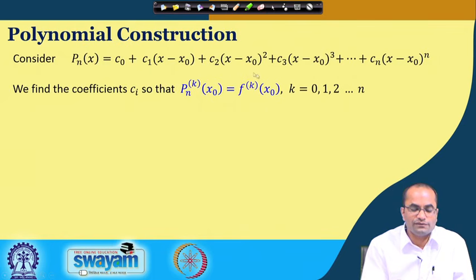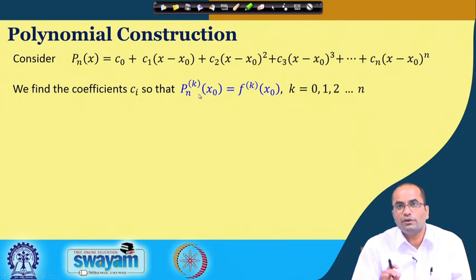based on the conditions which we have set, that the derivatives of this polynomial up to nth order at the point x 0 must be equal to the respective derivatives of the function at the same point x 0.